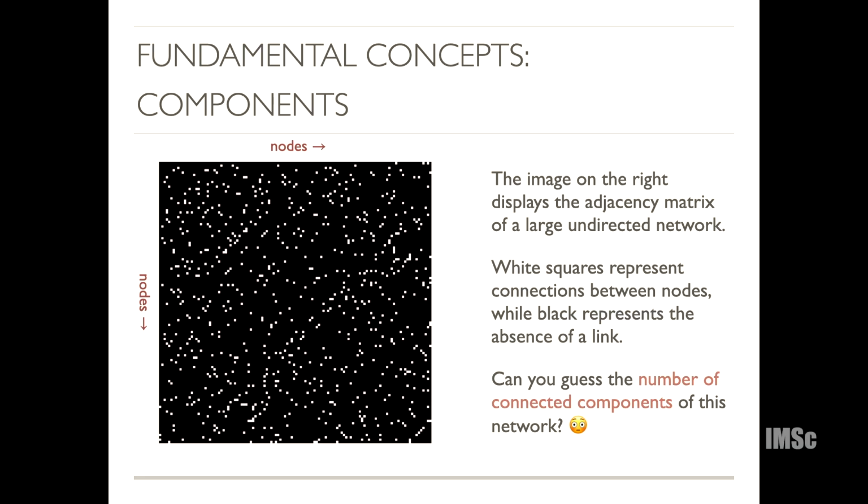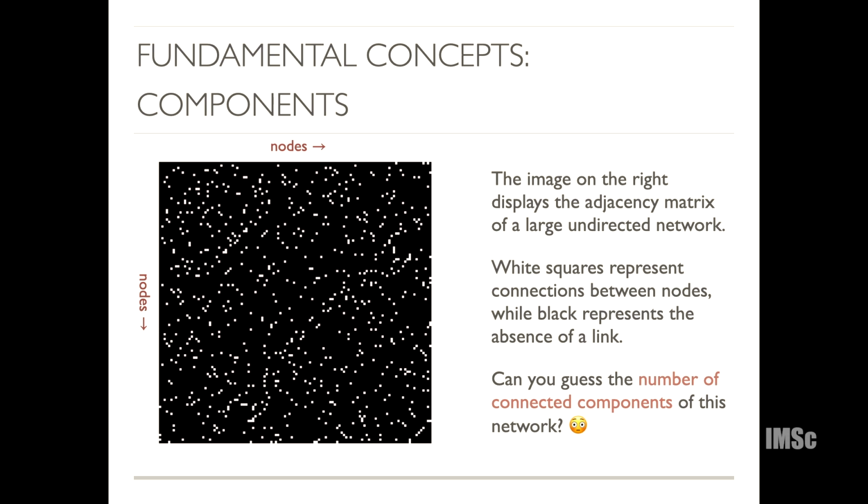Along here, I haven't numbered them, but you can just imagine there is node 1, 2, 3, 4, 5, 6, in this direction, and along this direction as well, right? And so the white represents a connection between a pair of nodes, and black means there's an absence of a link. Okay, so this is just an adjacency matrix.